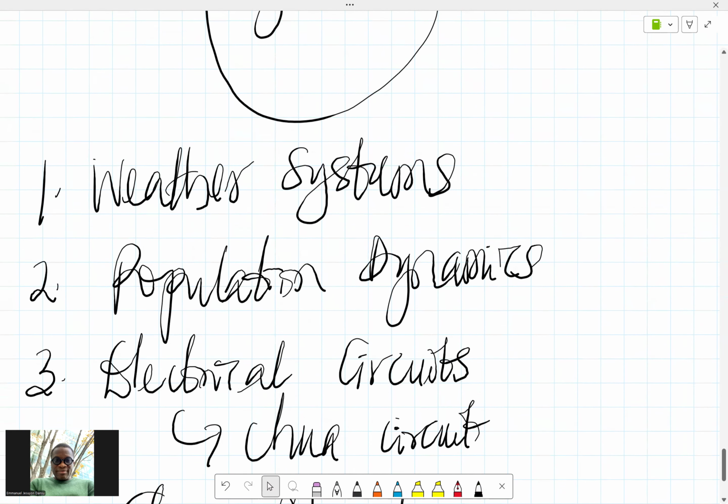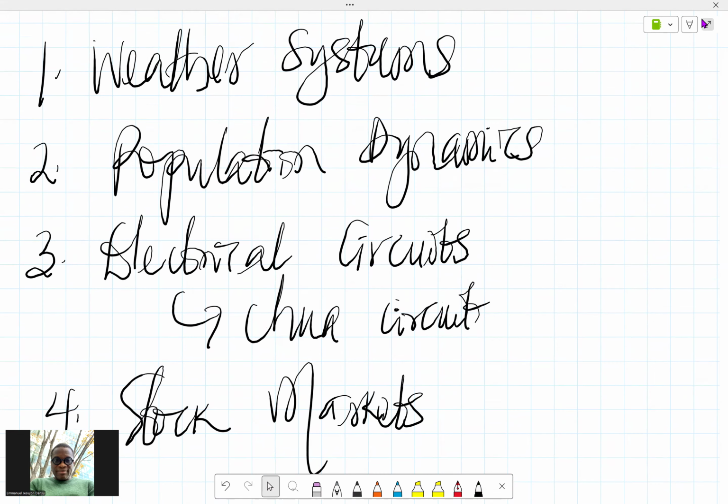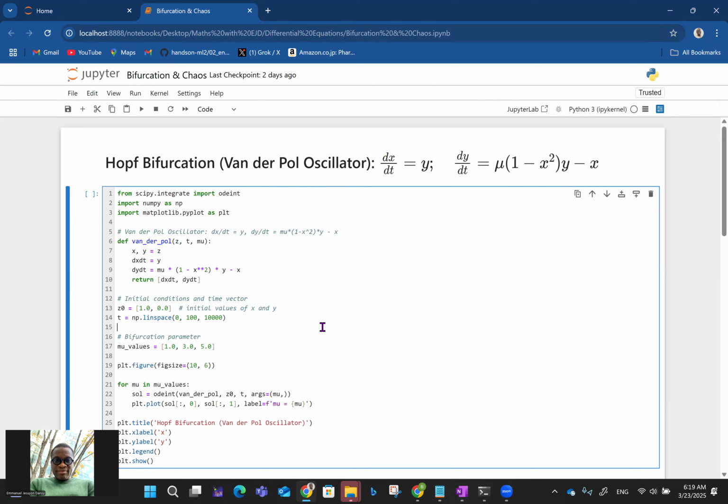Now, to round off this video on chaos, let's look at some systems we've made mention of. In the previous video, I talked about the Hopf bifurcation, whose example is the Van der Pol oscillator, and the equation is what you see there: dx dt equals y, and dy dt equals mu into 1 minus x squared times y minus x.